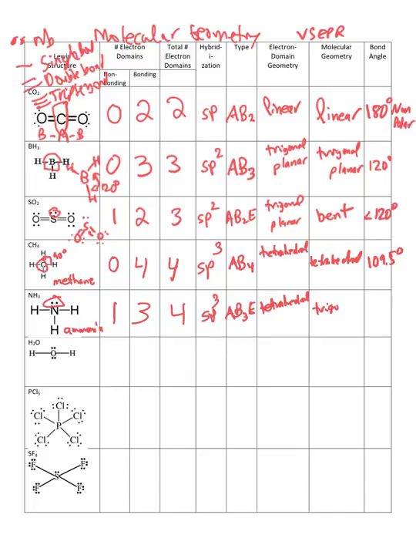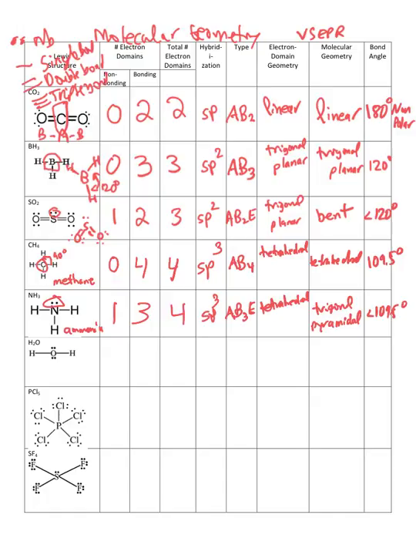But this is going to be a trigonal pyramid, or a trigonal pyramidal molecular geometry. That's going to form a pyramid with 3 sides and a base to it. And those bond angles are going to be a little bit less than 109.5 degrees. Once again, that non-bonding pair of electrons exhibits a greater repulsive force than do electron domains in a bond, and so it scooches those bonds down a bit.